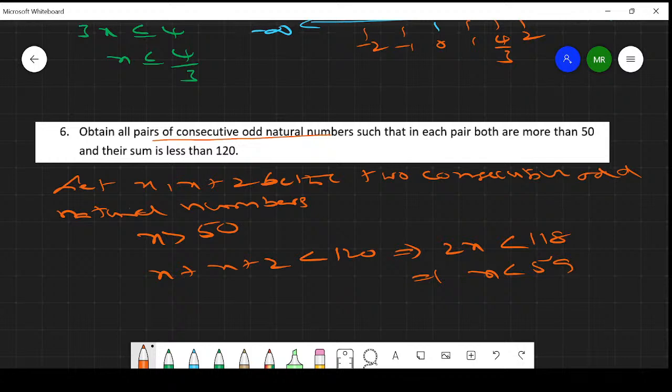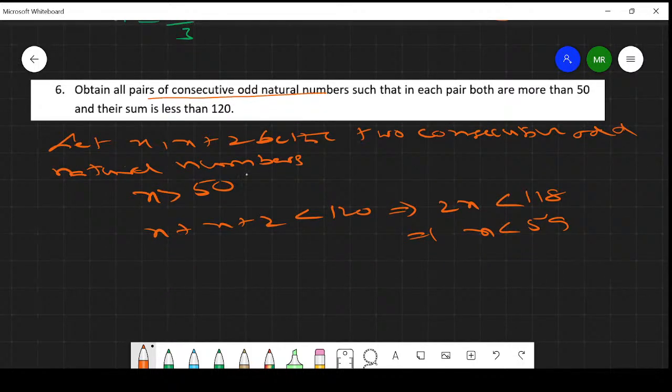Correct? X value should be less than 59. That means, we know here this is 1, this is 2, from 1 into 2.